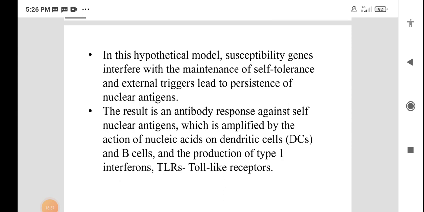In this hypothetical model, susceptibility genes interfere with the maintenance of self-tolerance, and external triggers lead to persistence of nuclear antigens.